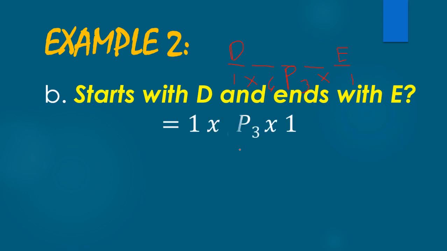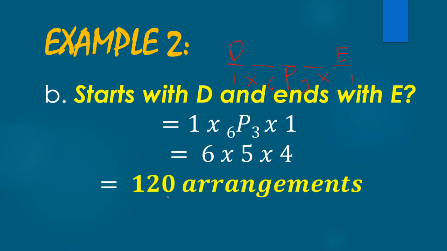So we have 1 times 6P3 times 1. So that is simply 6 objects taken 3 at a time. So we can have here 6 times 5 times 4. That is simply equal to 120 arrangements.